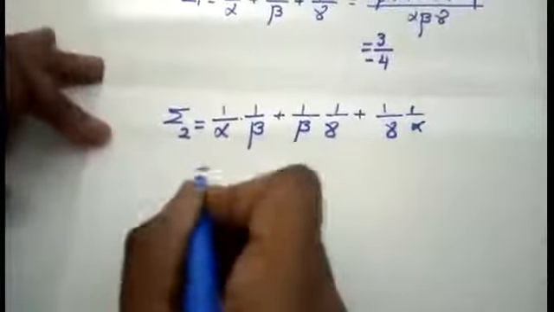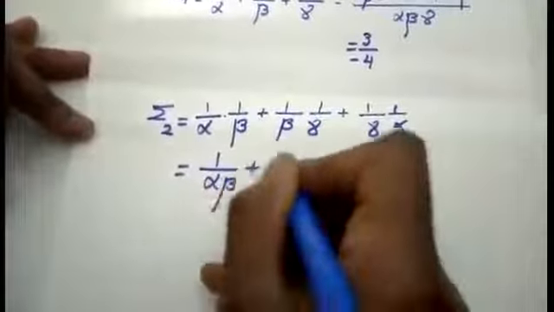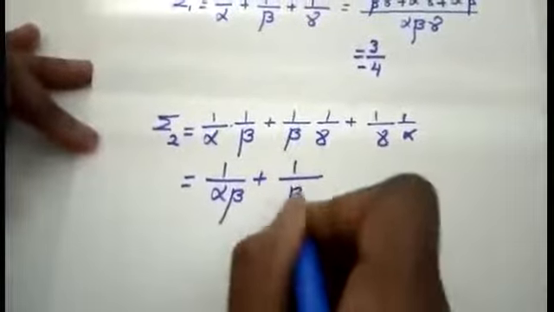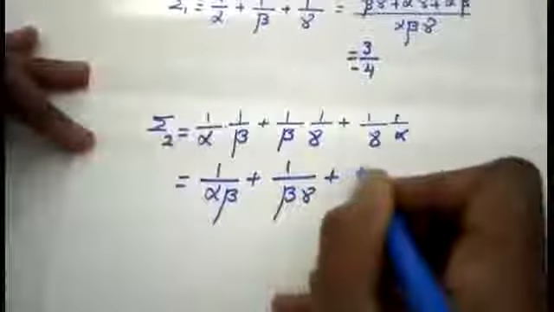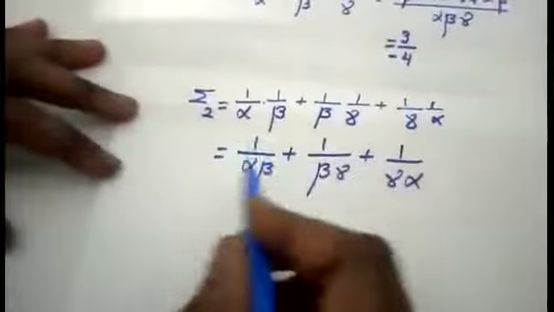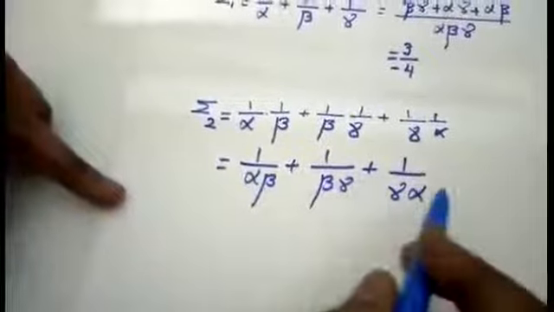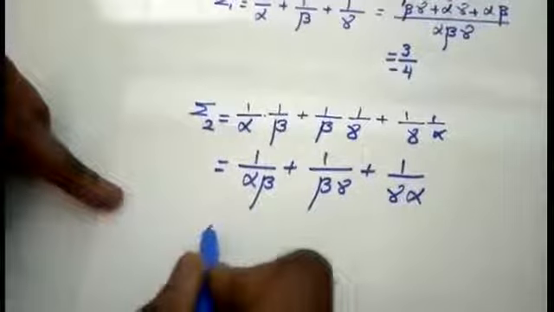So how can I write this, students? That is 1 by alpha beta plus 1 by beta gamma plus 1 by gamma alpha. Again, if I want to make the denominator the same, what denominator do I get in common? Alpha, beta and gamma.